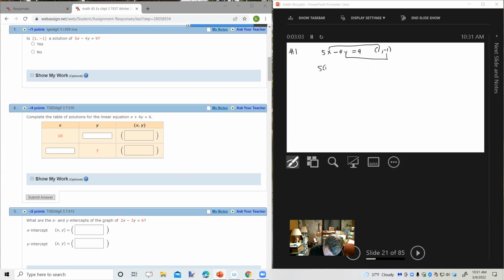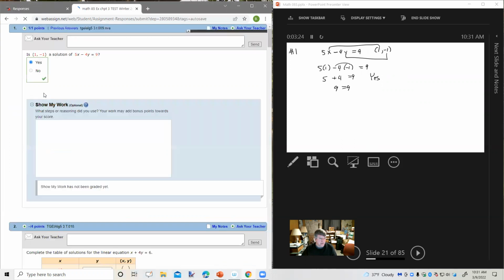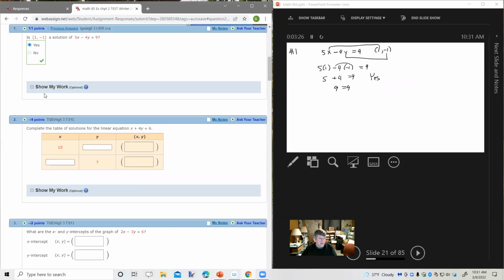We get 5 times 1 minus 4 times -1 equals 9. 5 times 1 is 5. Minus 4 times -1 is plus 4. 5 plus 4 equals 9. 9 equals 9. So yes, this is a solution. And there we go. And it says it's correct.